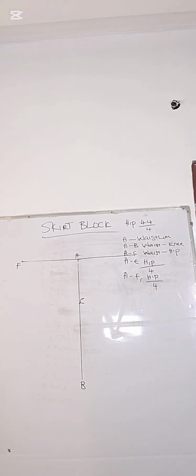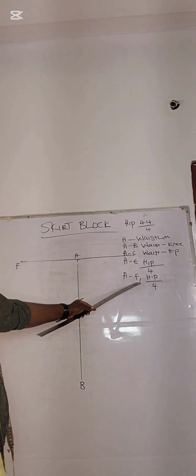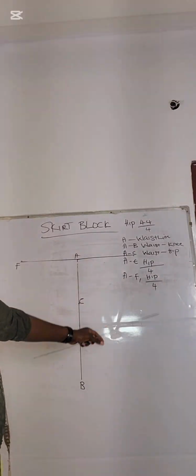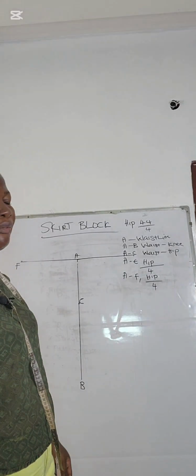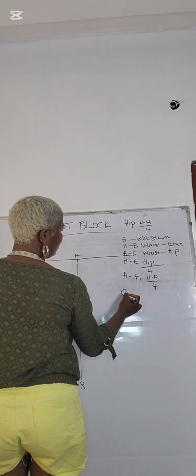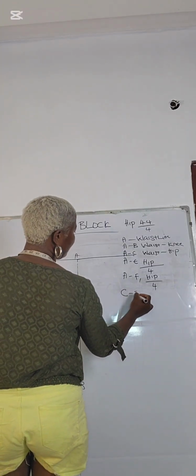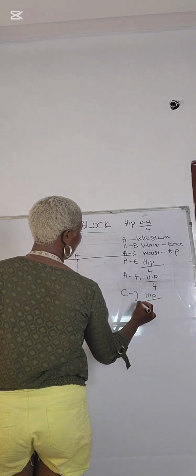So A to F is hip divided by 4. Then C to G is hip divided by 4.